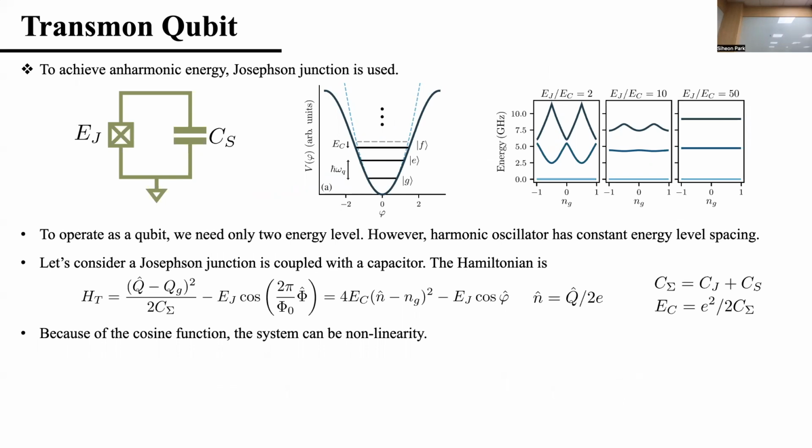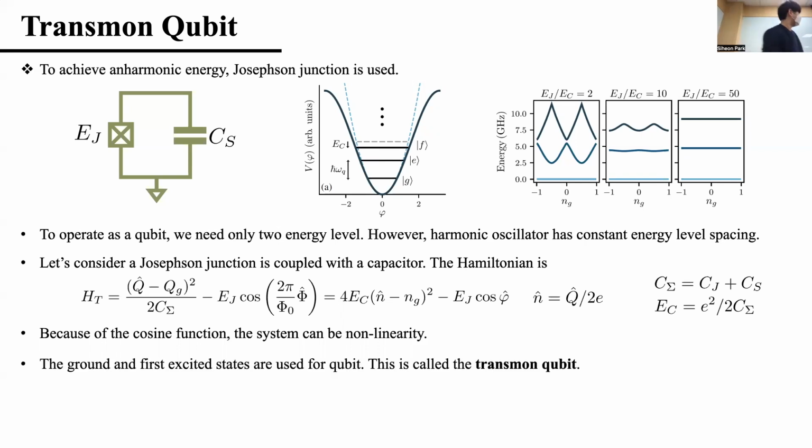However, the Josephson energy has an anharmonic term. This is just cosine. If the argument is small, you can use the expansion 1 minus x squared over 2. The x squared is the harmonic term. However, the cosine is not harmonic. So because of the cosine term, the system can be nonlinear.